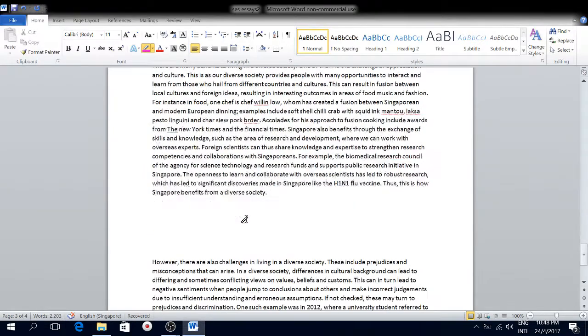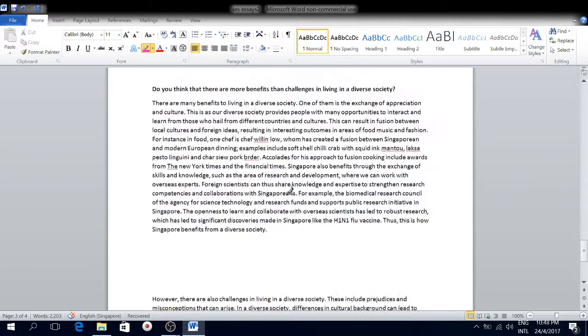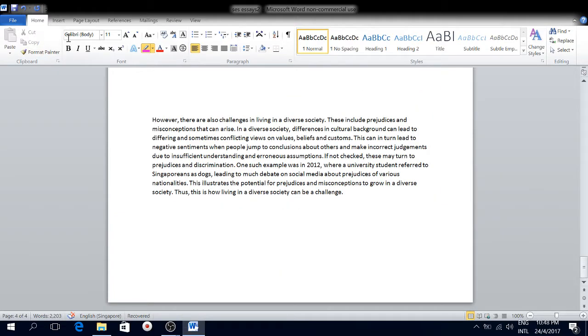Okay, now I need to talk a little bit about how you do the final part of your essay. Now there are 4 ways you can do this. So the first way, wait, let me get my cursor.